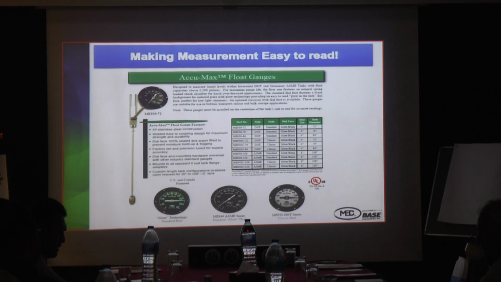After that, it will be gone because the amount of light that it absorbs will disappear when it's dark. This is the advantage that our gauge has, because based on feedback, they say other people's gauges, when it rains in the dark, you cannot even see anything. So that's why we modified it with a glow. We call it glow technology.